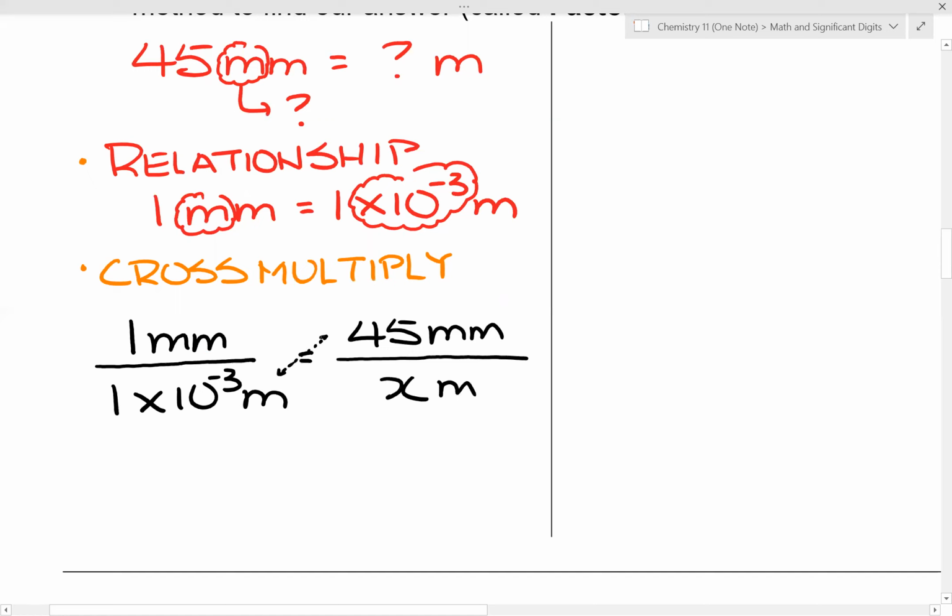Then you cross multiply, like in math. And what you get is 45 times 1. So I get an answer of 0.045 meters.